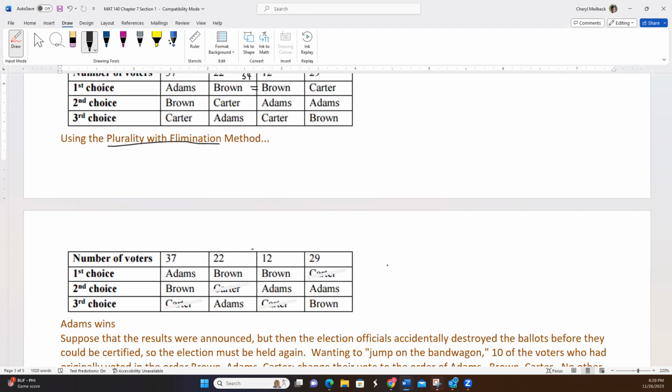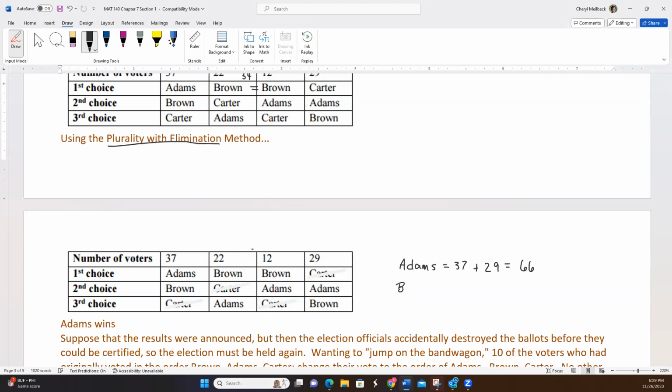So let's total who wins. In this voting method, we look at who has the most first place votes now. So now Adams would have the 37 votes from the first column and the 29 votes from the last column, which makes 66.